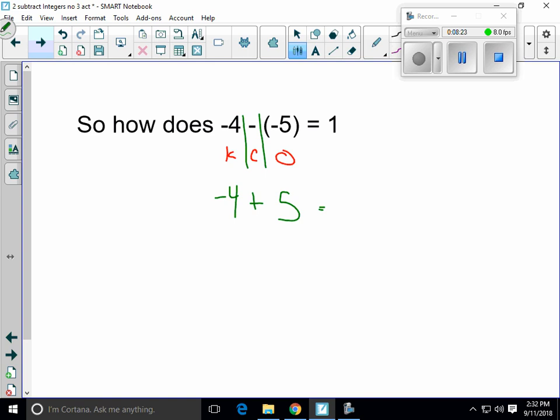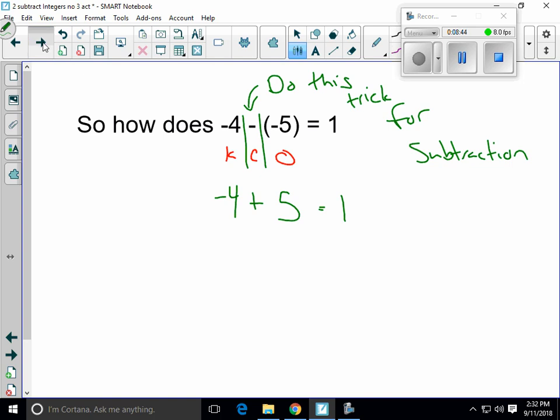When I pay that off, I'm still going to have 1. So that's how it works. Whenever you have subtraction only, I do this trick for subtraction problems. And when you have subtraction only, you're going to do keep, change, opposite.